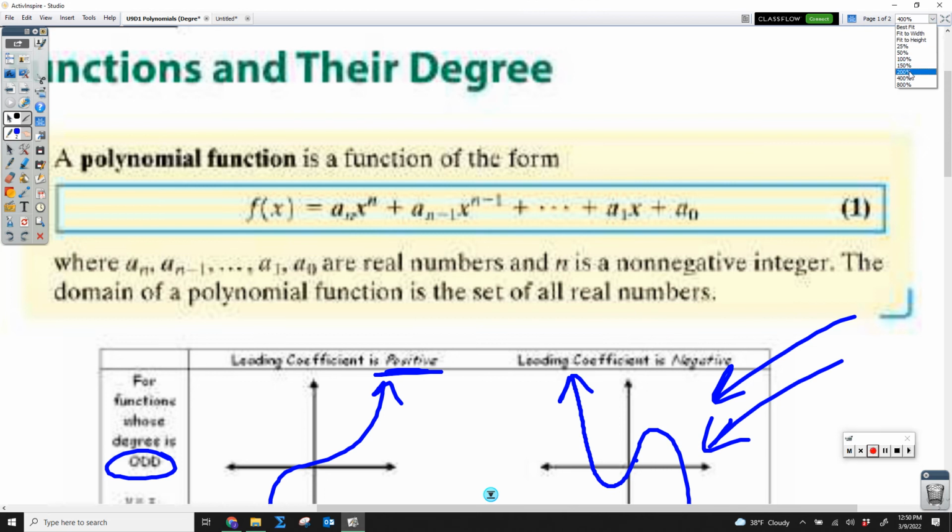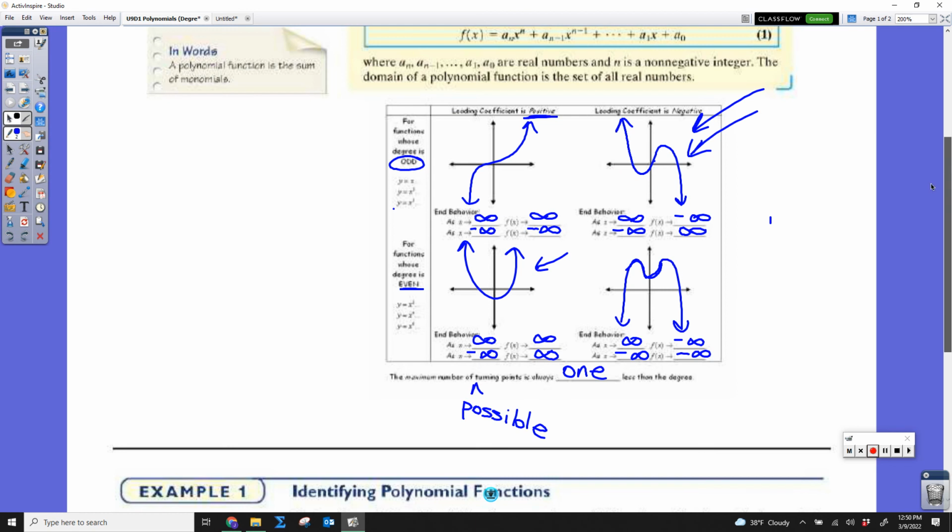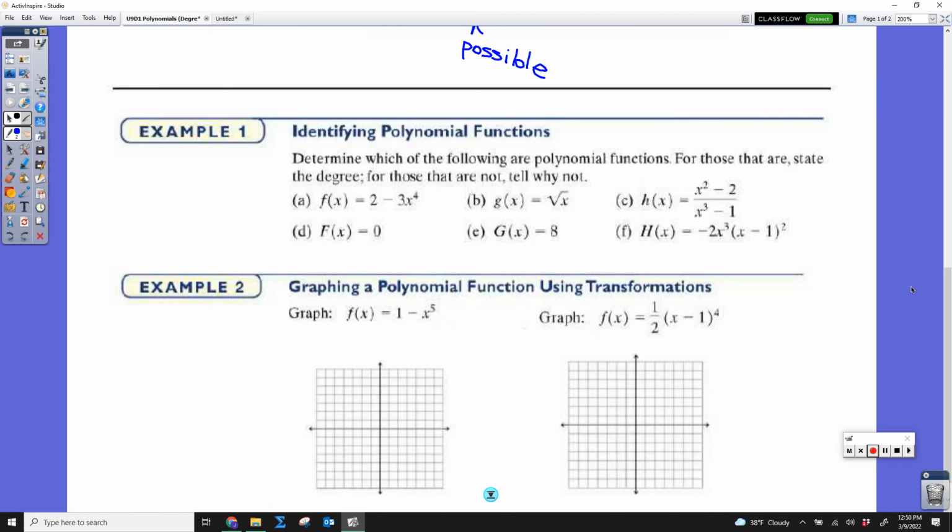So let's go back down here now, and let's look at letter A. Did you guys think that was a polynomial? Yeah. I agree, it is, yes. All right, and we'll come back to it, because we're going to indicate the degree, but we're going to come back to that. All right, letter B. No, it is not a polynomial. So there's a couple of rules of thought. Why would you say it's not? Domain's not negative.